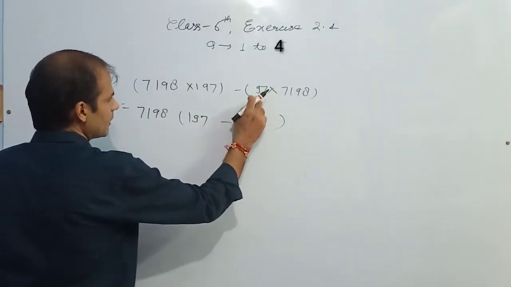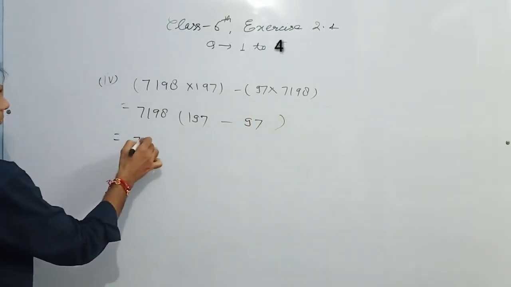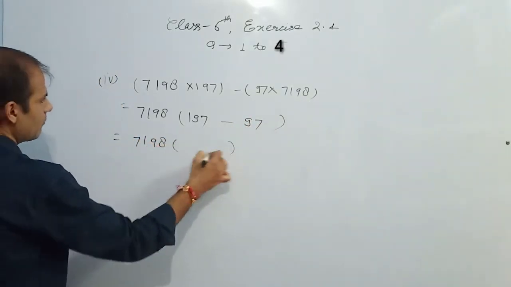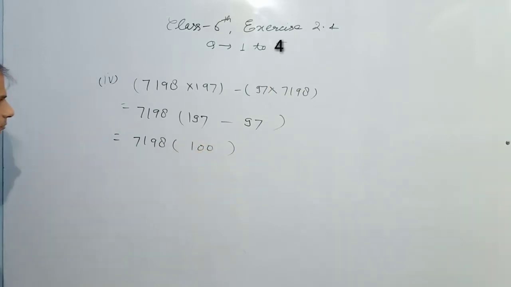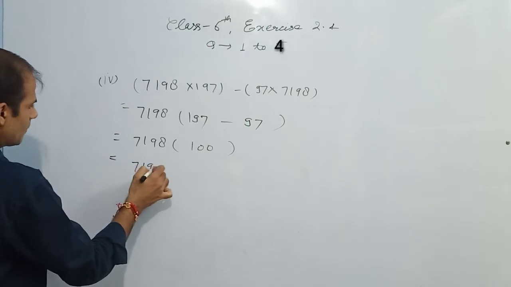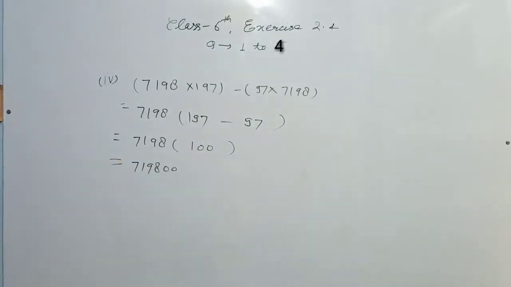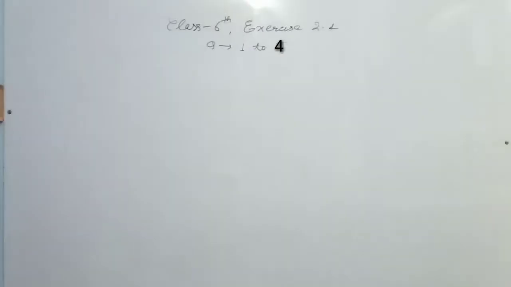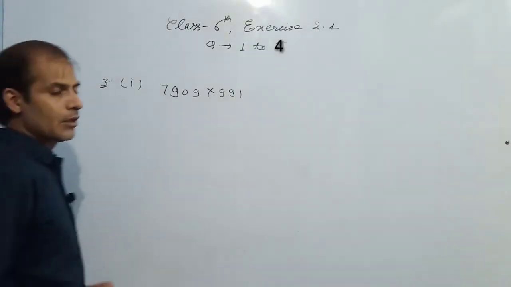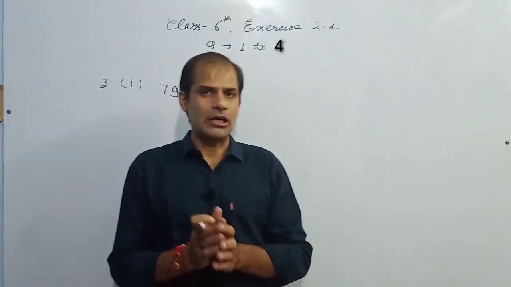The second value which is multiplied by this is 97. Finally we have 100, and after multiplication we have 7,19,800.